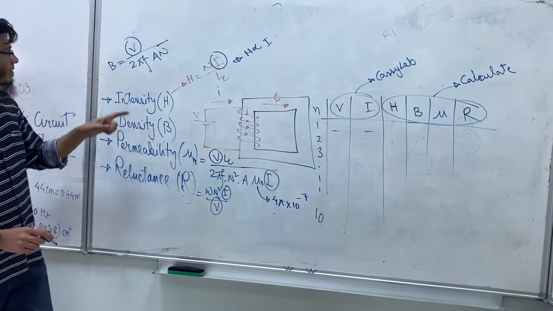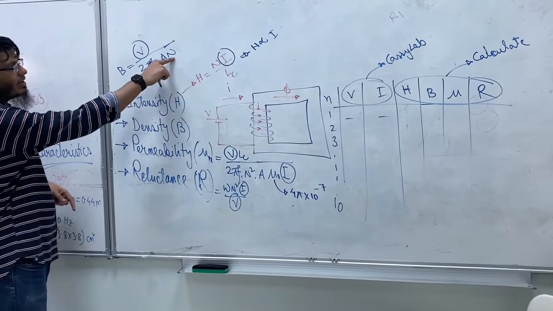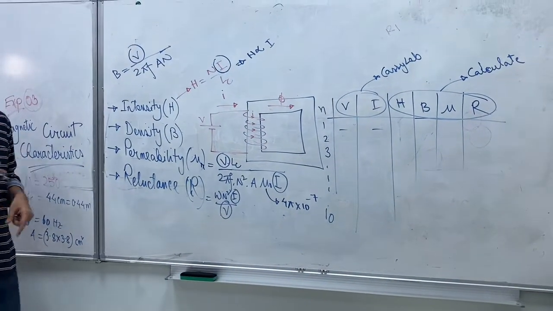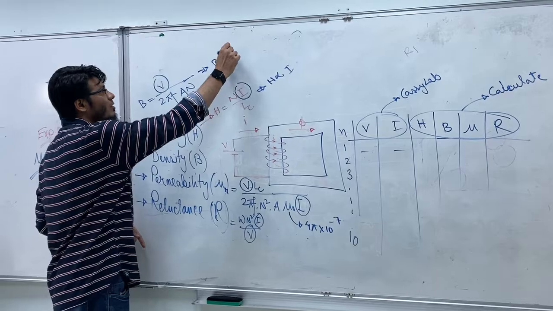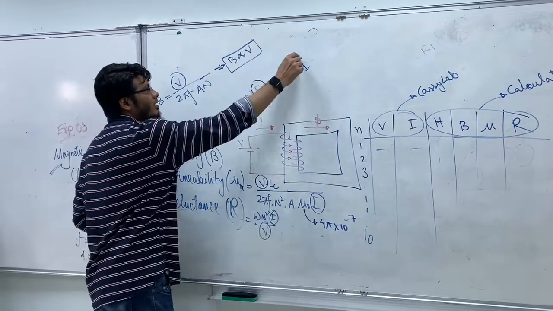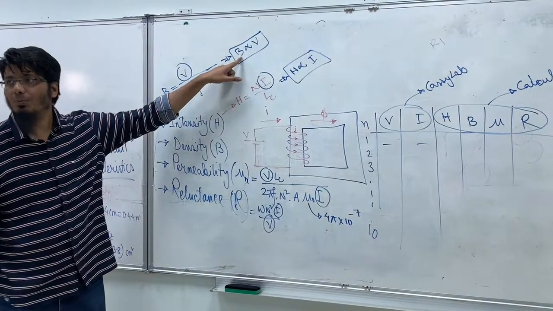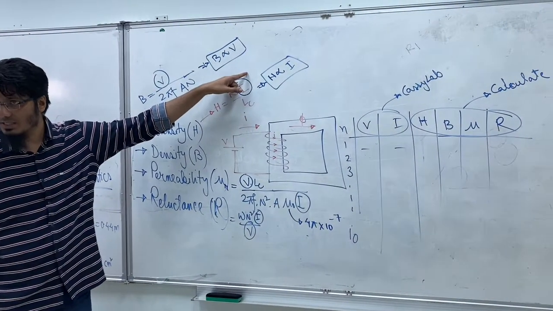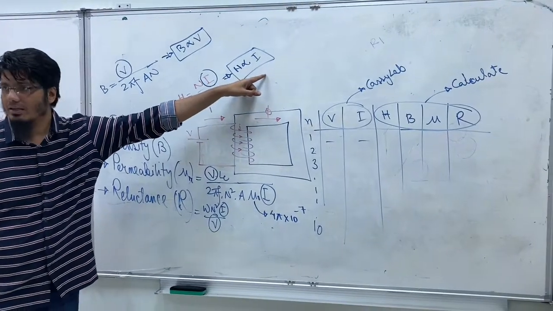And from here you see 2 pi f a n, everything is constant, right? So from here you can write B is directly proportional to V. That means B is proportional to V, which is voltage, and H, the intensity, is proportional to I.